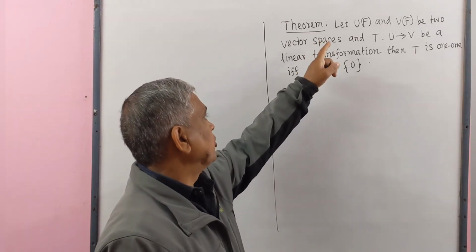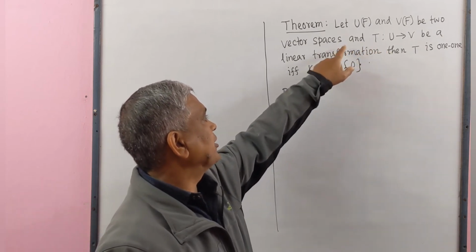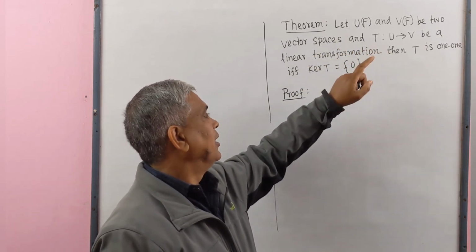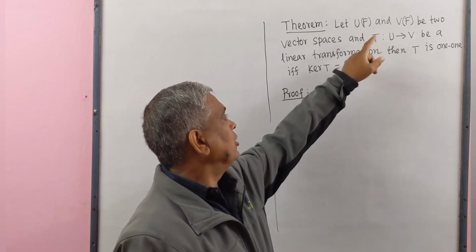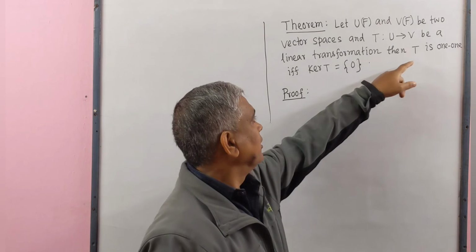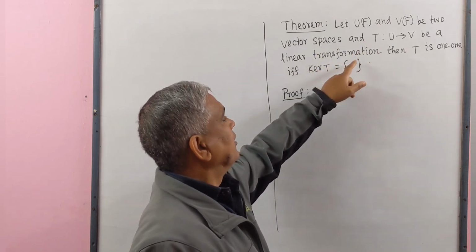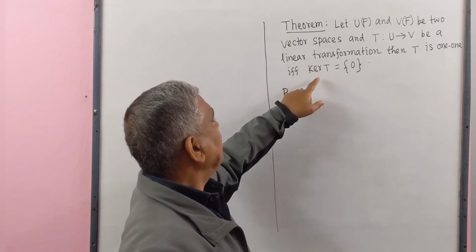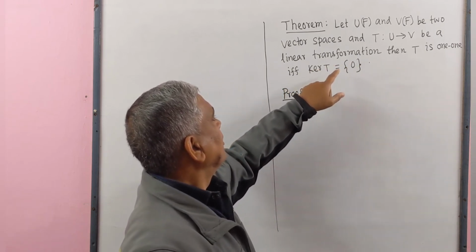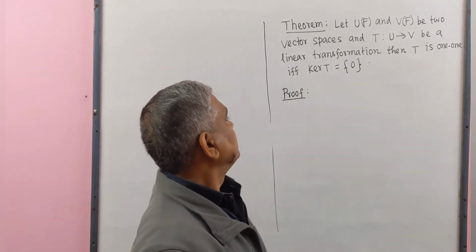Now we prove a theorem. Let UF and VF be two vector spaces and let T be a mapping defined on U into V, a linear transformation. Then T is one-one if and only if ker T equals a set containing only the zero vector.